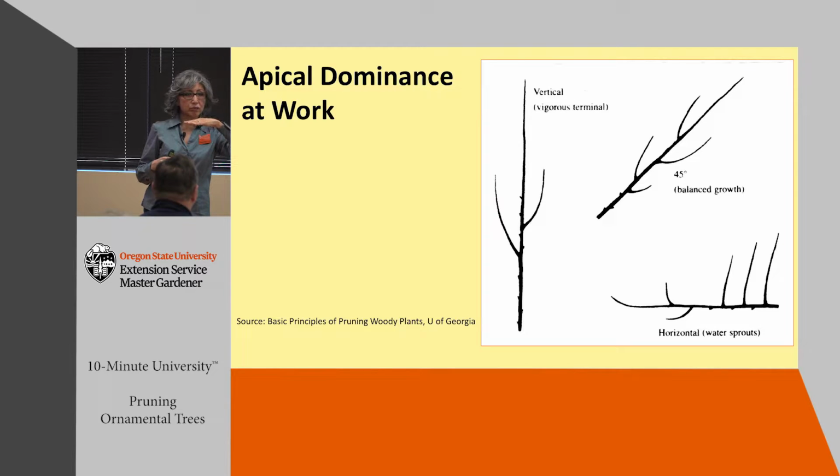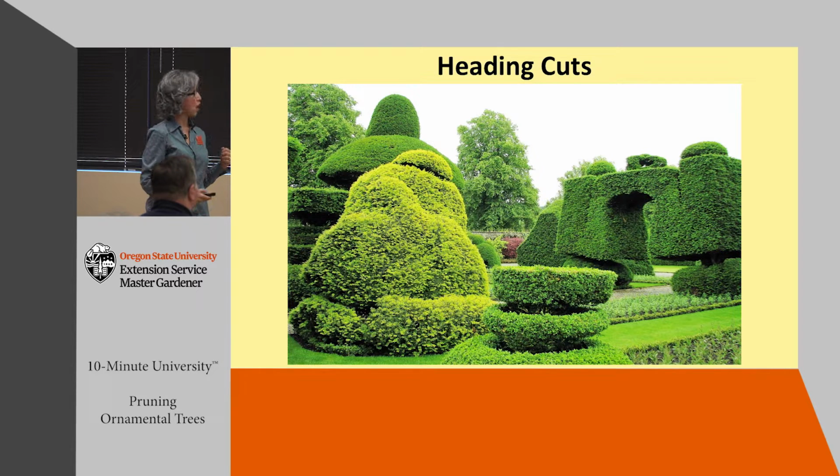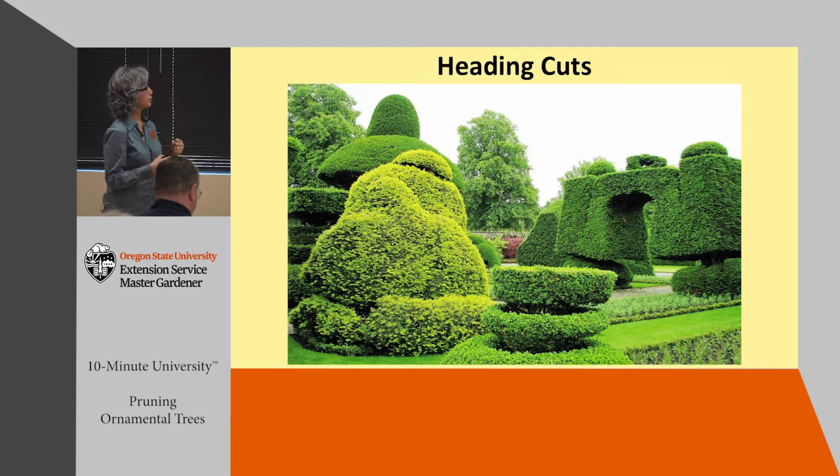And when it's practically horizontal, it doesn't do anything. That's why you see in plants, branches that are horizontal often have these vertical shoots come up, and people refer to them as water sprouts. Okay, it's because auxin is not allowed to do its job.